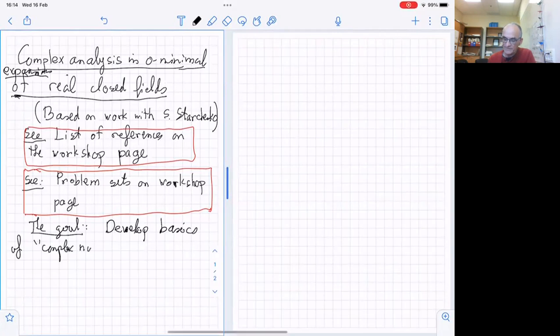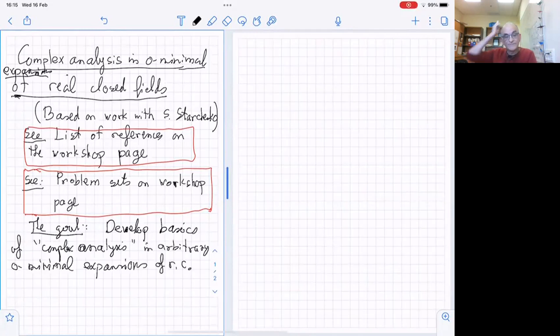Complex analysis, sorry, I'll make this straight. In arbitrary, and I'll talk about it in a second, arbitrary o-minimal expansions of RCF, which will stand for real closed fields.